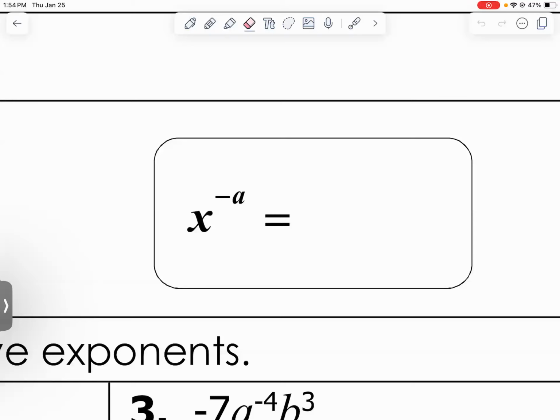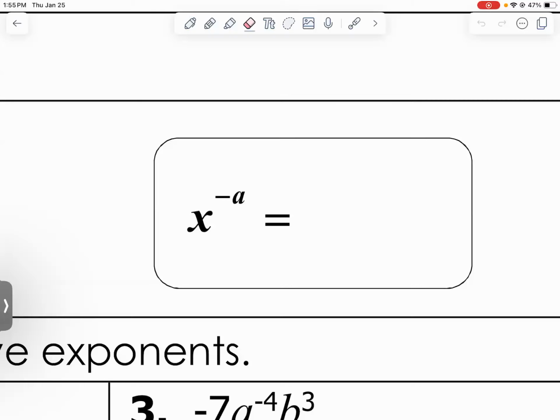So yesterday, I believe we sort of grazed over the topic of what if we subtract and we get a negative exponent? Okay, negative exponents are not allowed to stay negative.